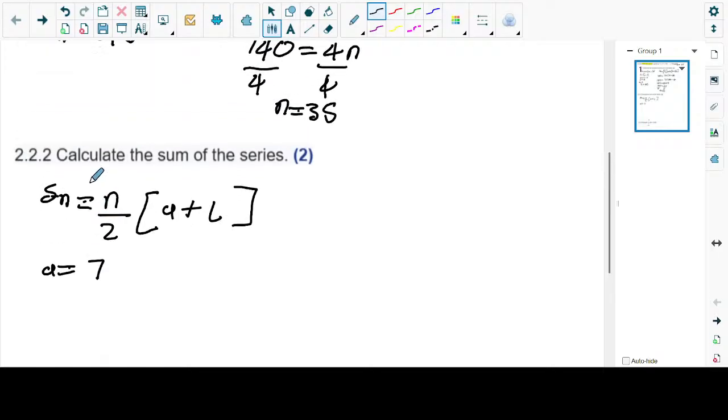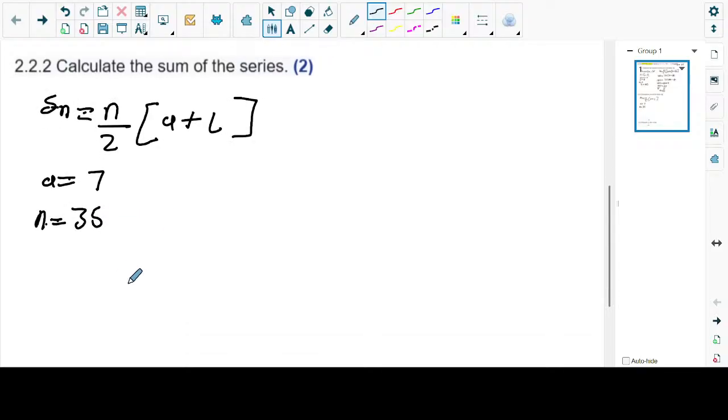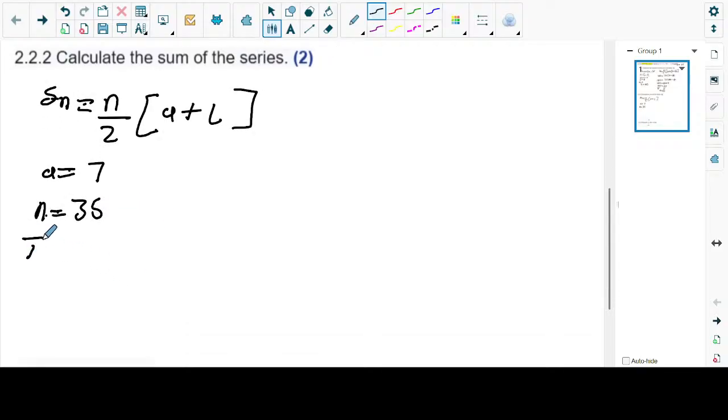N is equal to 35. You can call the last term L or Tn. I'm going to call it L. The last term is 143. Now we can go and substitute. I think we've defined our parameters.